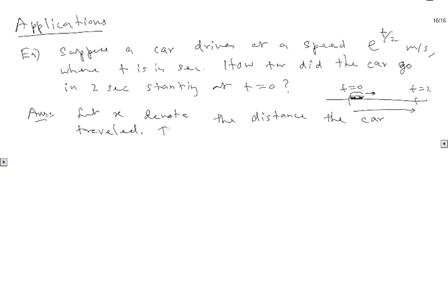Then the equation we can write as x prime equals e to the t over 2, because they give the speed, so that's the first derivative, which is equal to e to the t over 2.